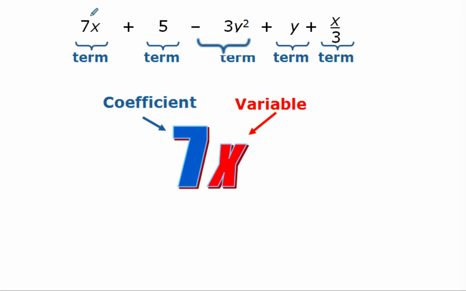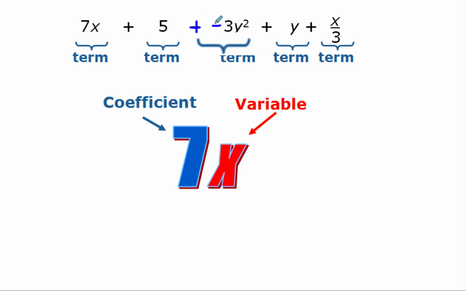Those are called constants, so variables or constants, and then they're separated with addition or subtraction. So 7x is a term, 5 is a term, and then this minus sign is considered part of your term, because if we did plus negative 3y squared, that's really a negative value.